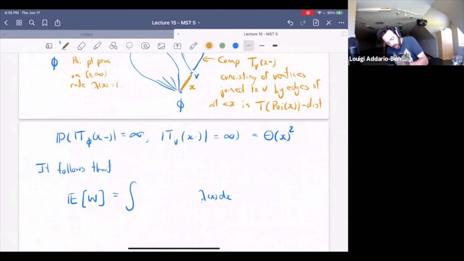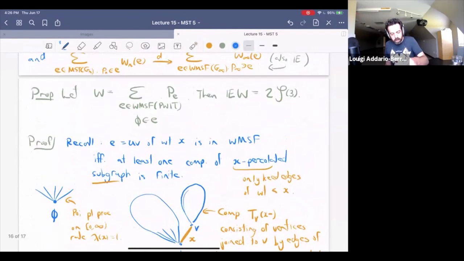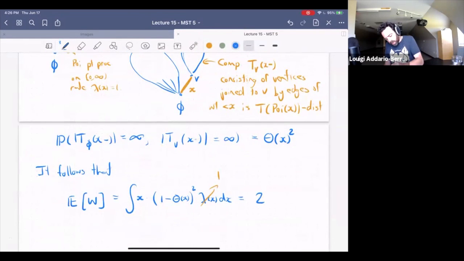Lambda is actually just 1 in our case, but I wanted to write it to emphasize it's an integral against the rate function. If an edge is added, we count its weight, x, and the probability it's added if its value is x is 1 minus theta of x squared. The claim and the aim is that this integral has value 2 zeta 3. We want to show this.